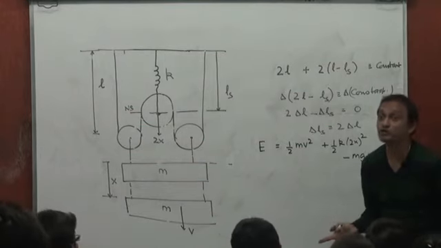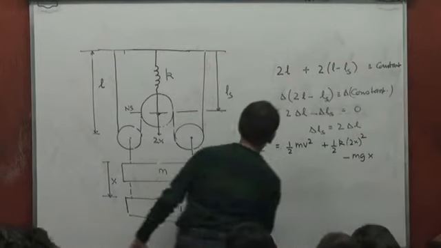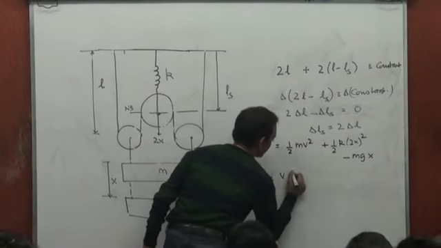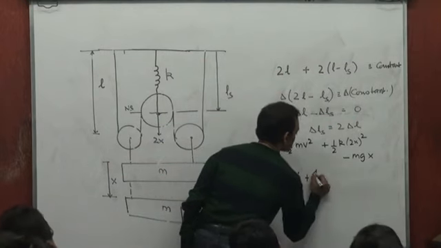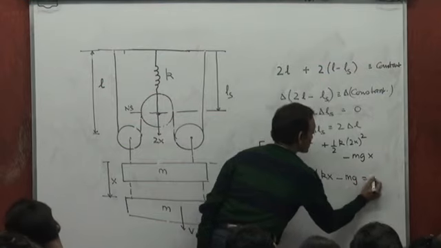E has to be independent of x, so dE/dx must be 0. m v dv/dx plus 4kx minus mg, this must be 0.